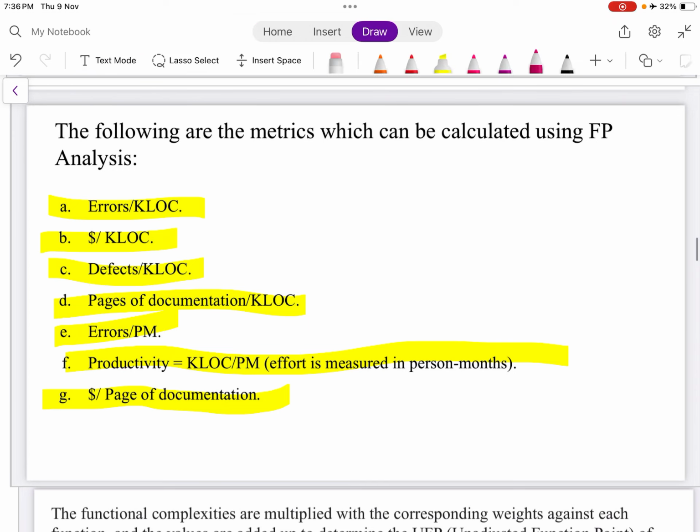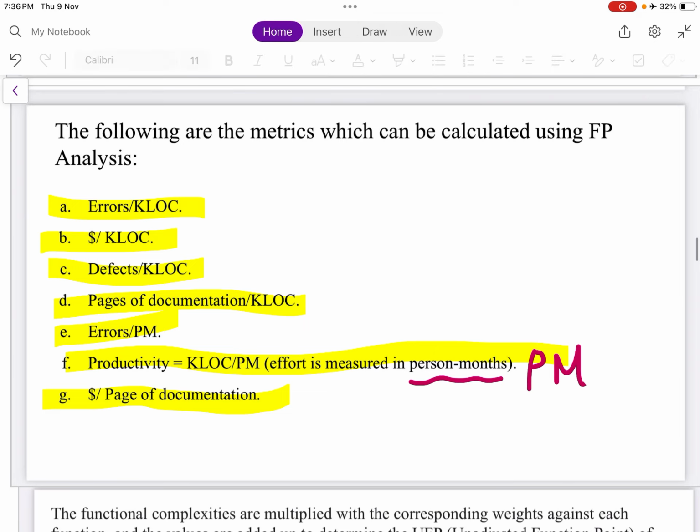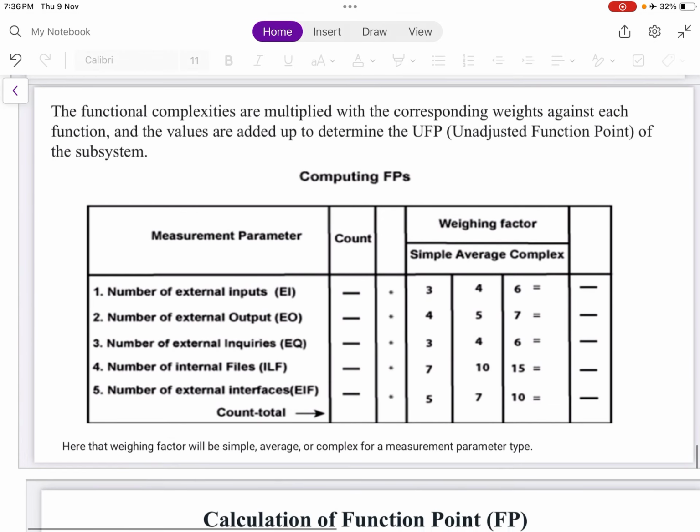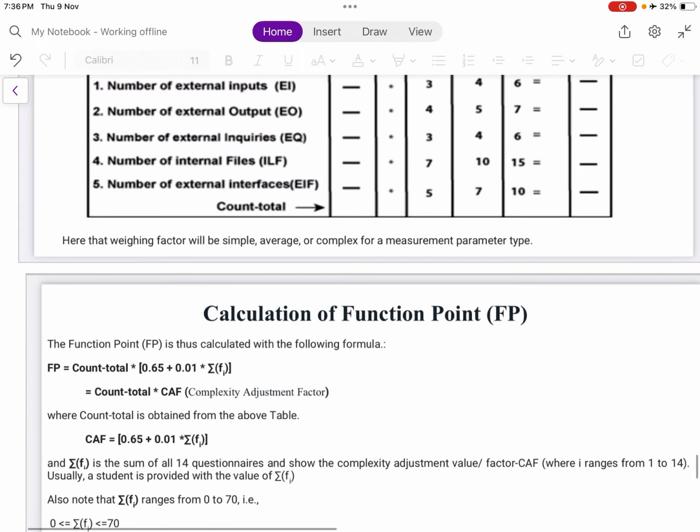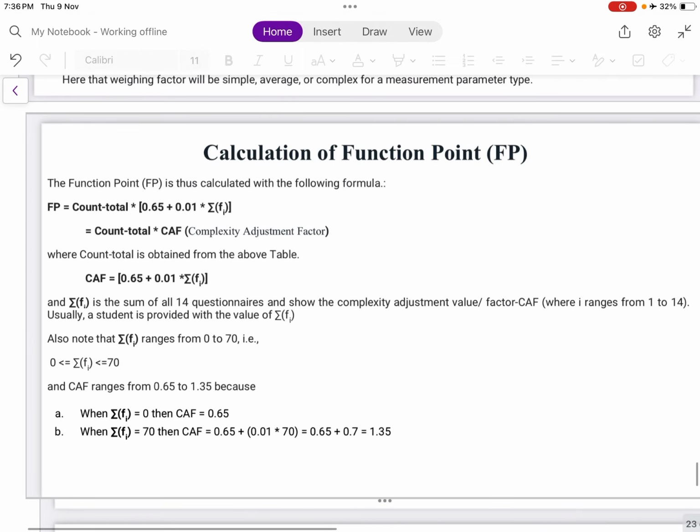So the unit is what? Person month, PM. The functionality complexities are multiplied with the corresponding weights against each function, and the values are added up to determine the unadjusted function points of the subsystems. So we'll see the sums, we'll understand that.